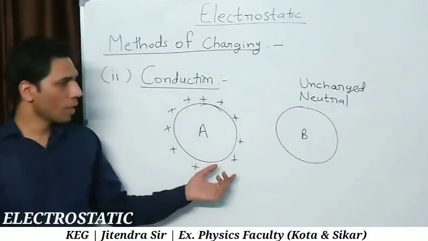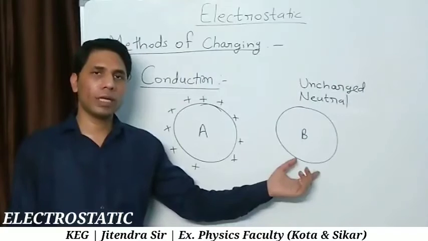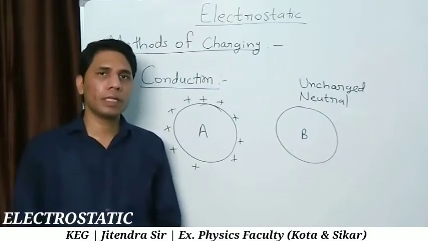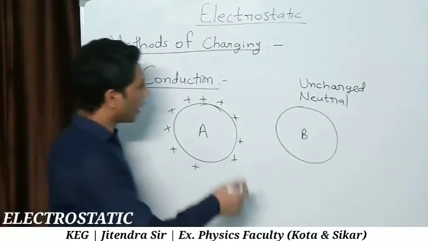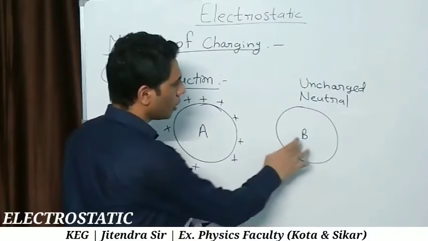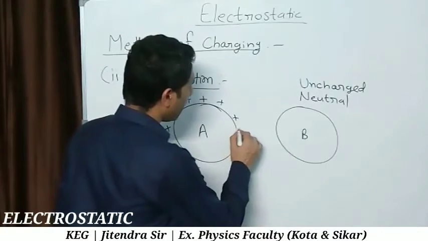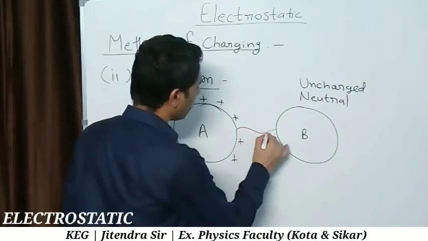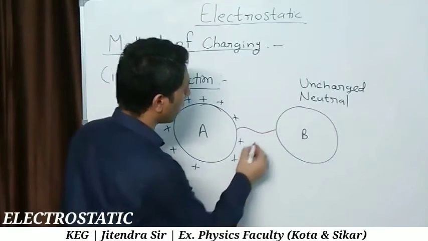Now we want to charge this uncharged body. If we want to charge this uncharged body, then we will connect this body A to this body B by a conducting wire.